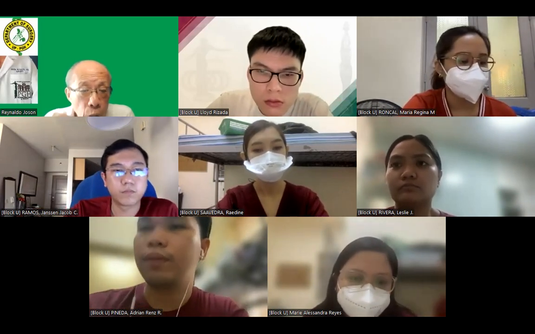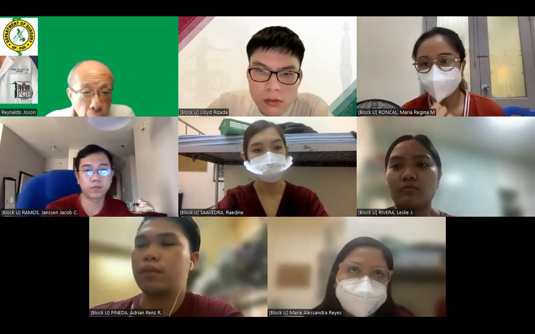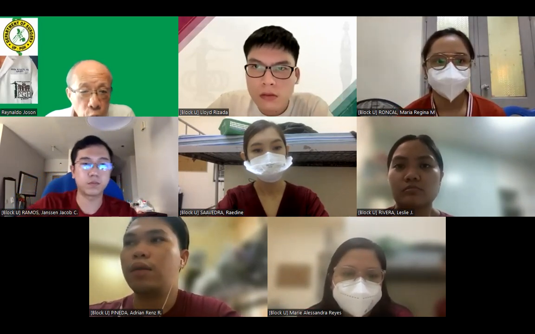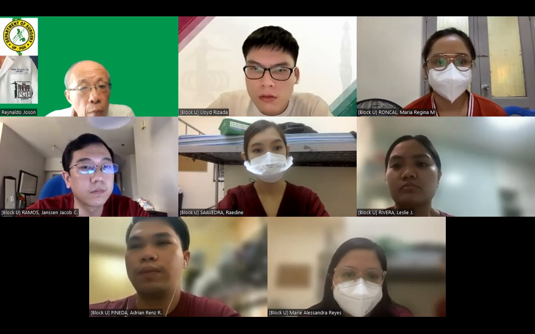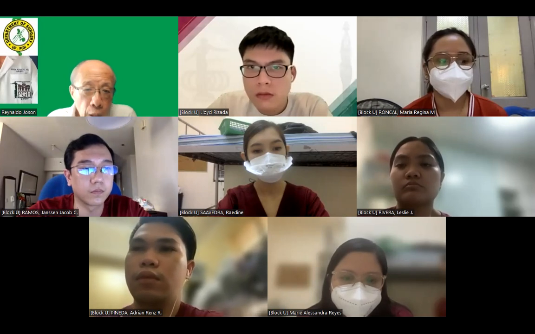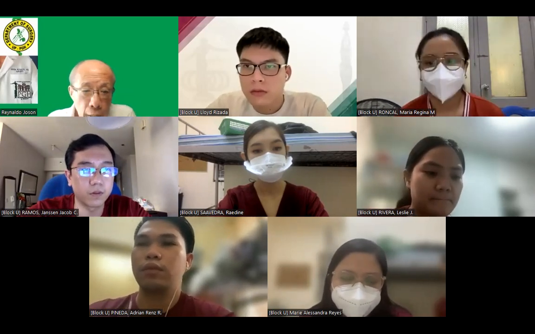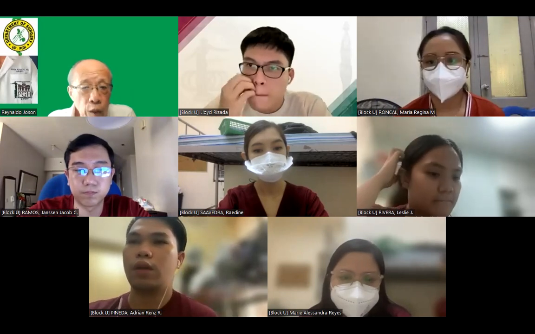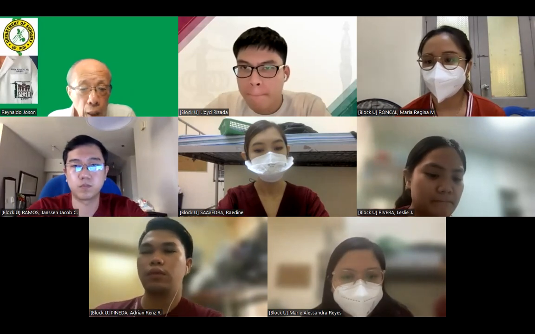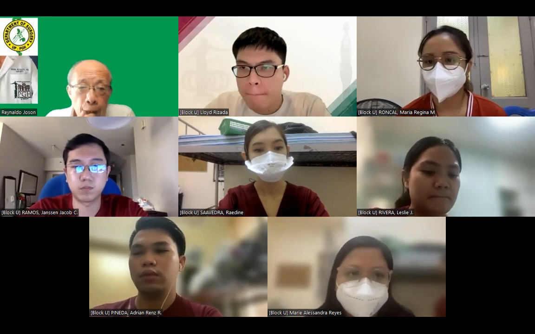So if you want to avoid local recurrence, you can do radiotherapy, but before you do radiotherapy, the surgeon will make sure that they have an adequate margin to start with. Pag matanggal na yung tumor completely, cleanly, with a good margin, so you may not have to give radiotherapy anymore. You just observe, just make a close surveillance.